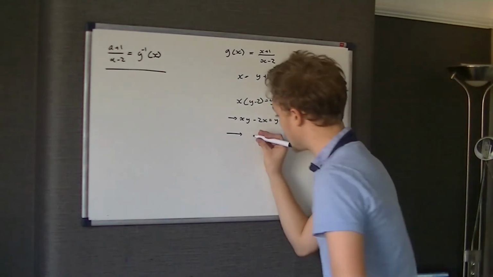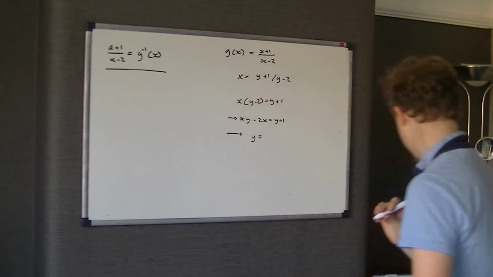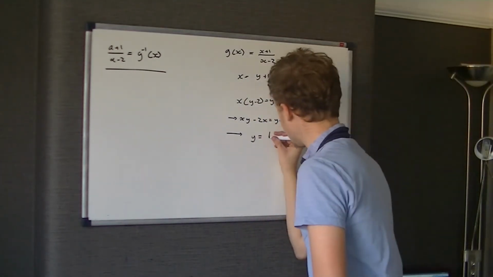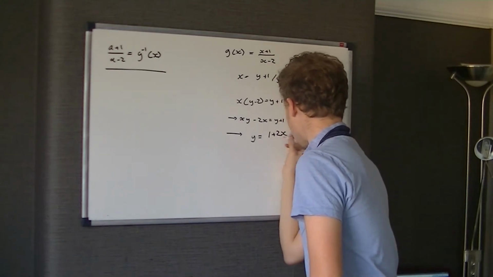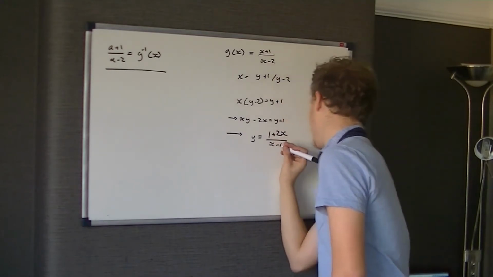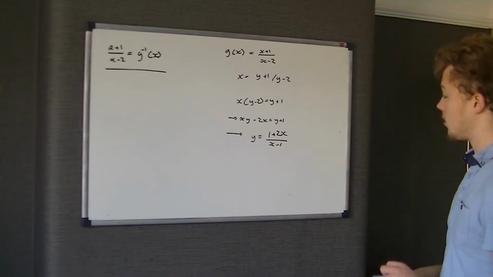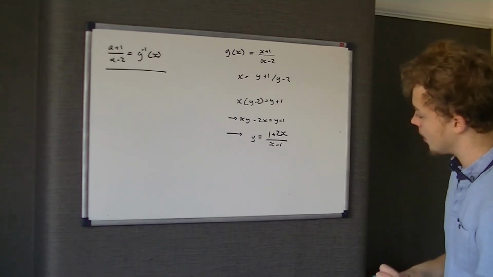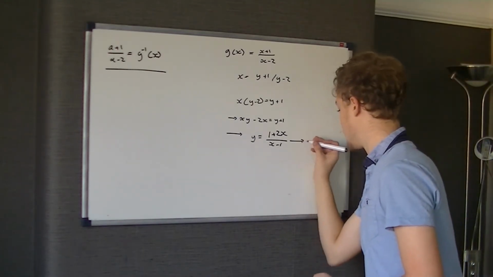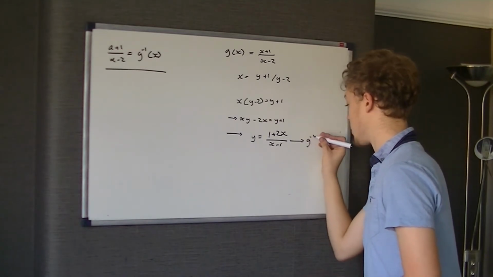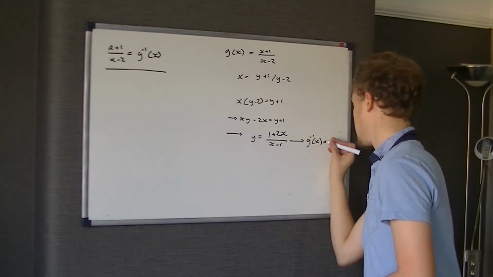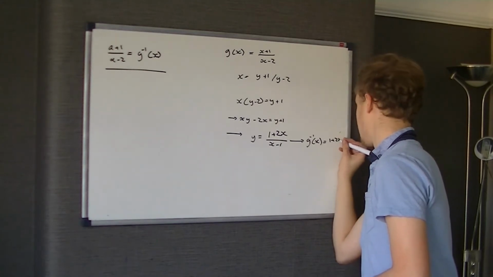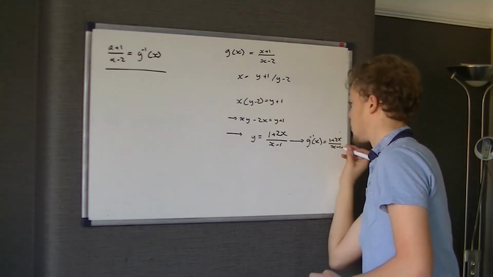They've got y is equal to 1 plus 2x over x take 1. And then obviously that would be g minus 1 of x is equal to 1 plus 2x over x take 1.